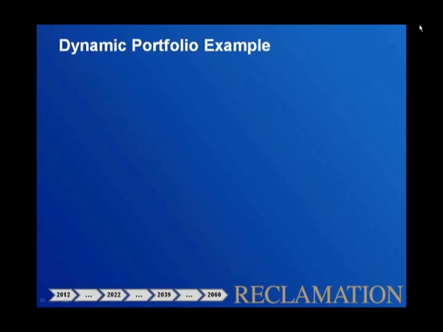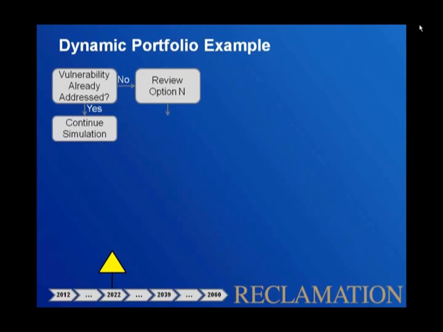So just to put an example to that quick overview, we have this dynamic portfolio logic example. So our simulation is moving along, and a vulnerability flag occurs in 2022. The first step in this process is to say, has that vulnerability already been addressed?